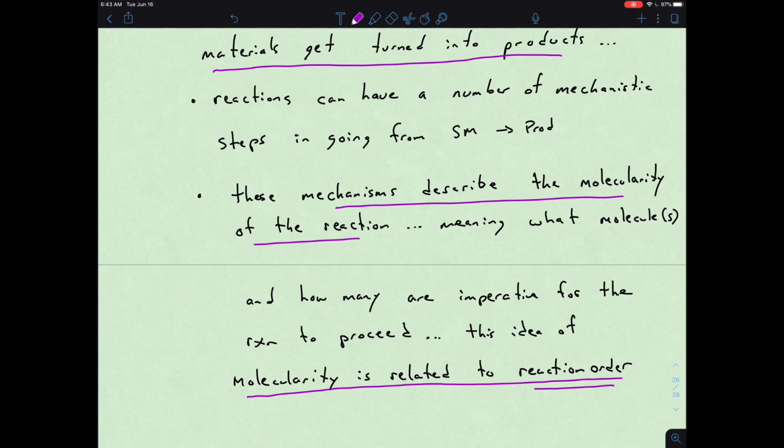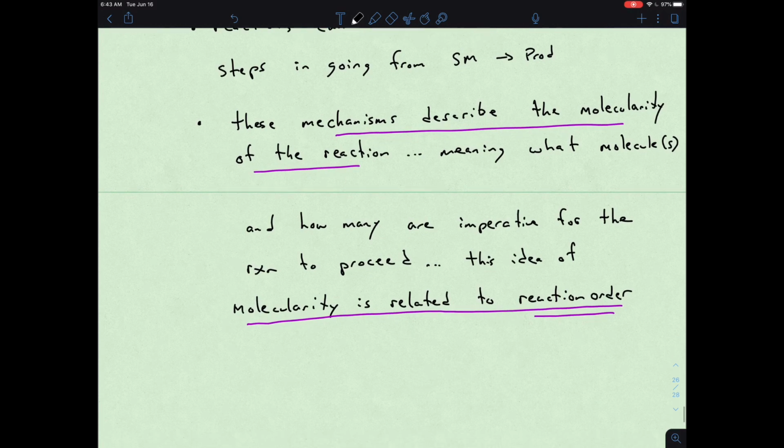So it's like a hypothetical process, right? The mechanism is really a hypothesis for the mechanics of the reaction.